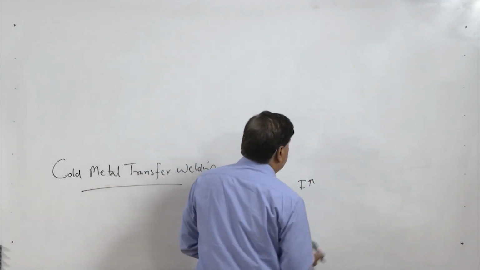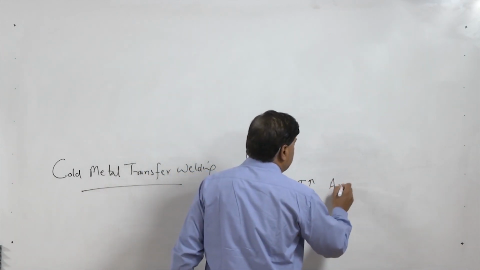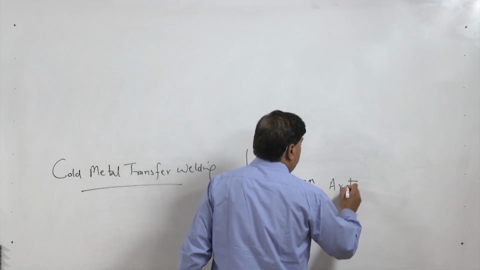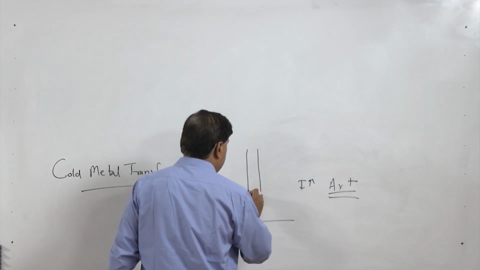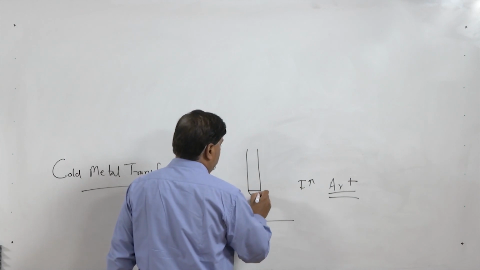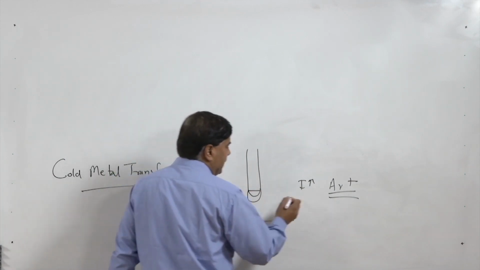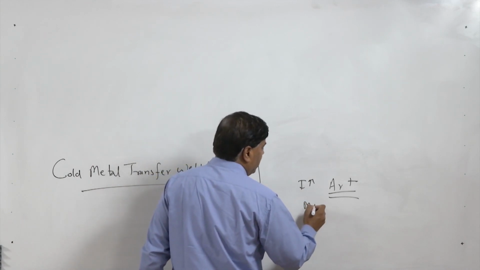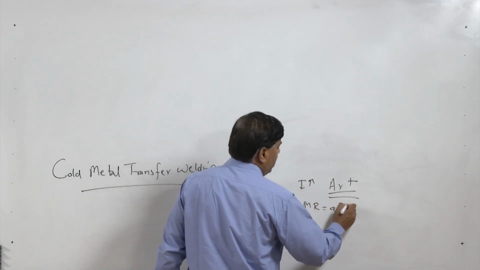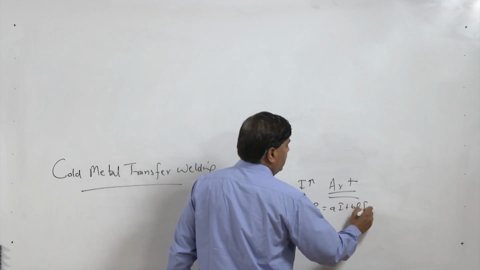With shielding gases, especially argon, high current causes faster melting, because the melting rate is a function of aI plus bLI squared.